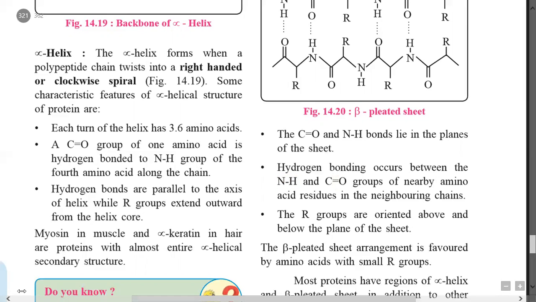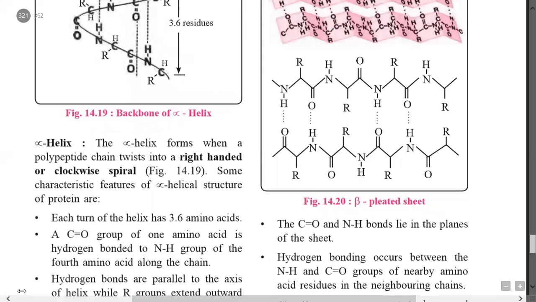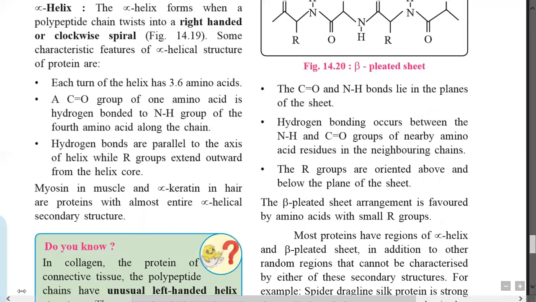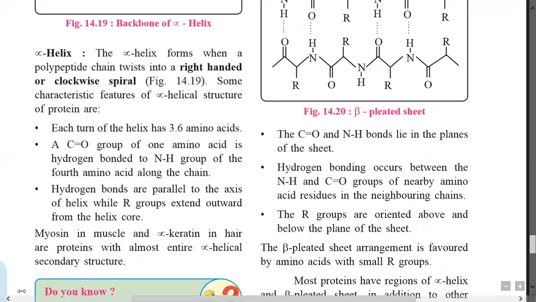They are of nearby amino acid residues in the neighboring chain. They are not for the fourth or third amino acid, but they are to the nearby groups in the polypeptide chain. Then the third characteristic is that R groups are oriented above and below the plane of the sheet.